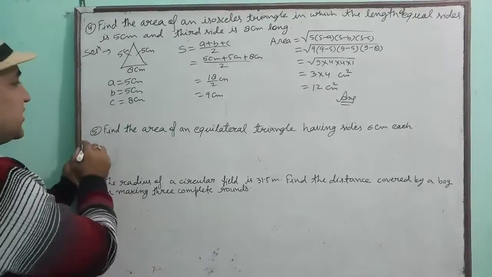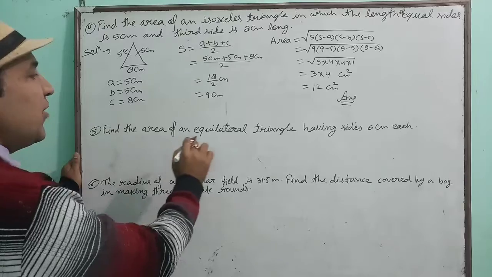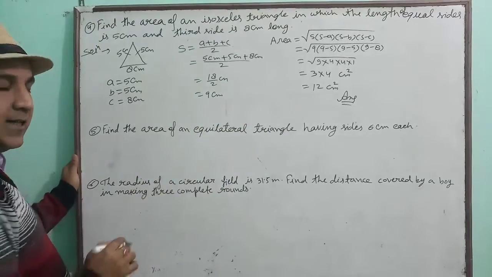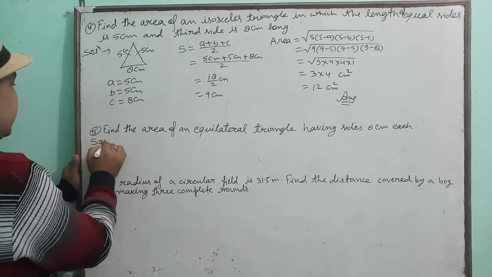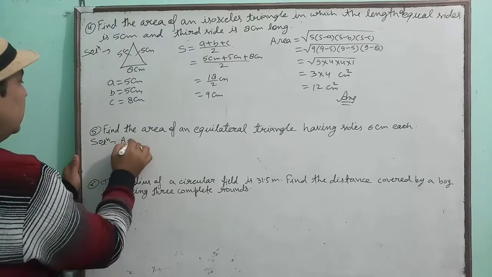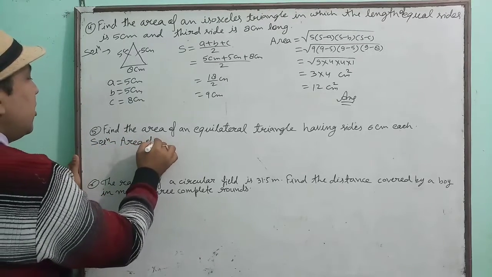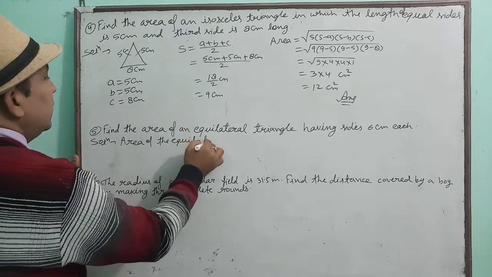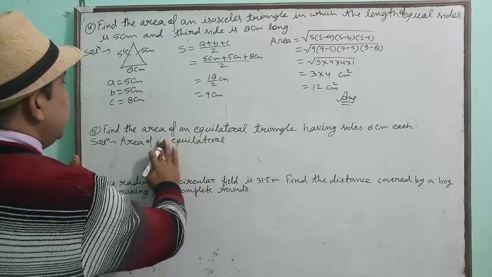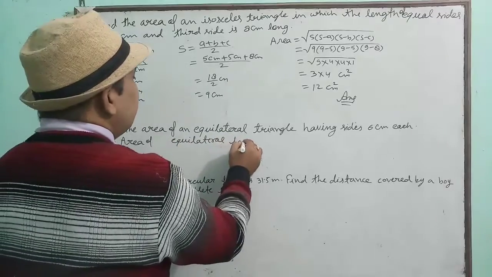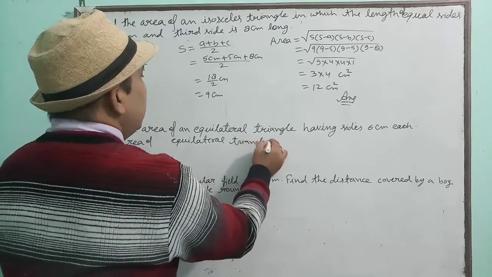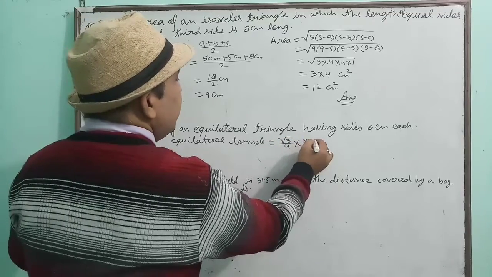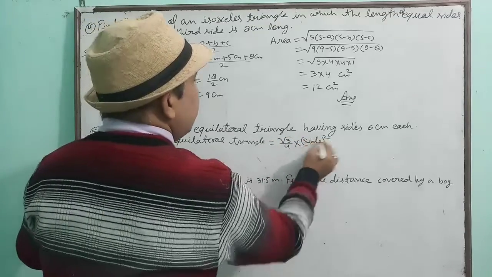Now see question number 6. Find the area of an equilateral triangle having sides 6 centimeter each. This is also very easy. Area of equilateral triangle is equal to root 3 by 4 into side square.